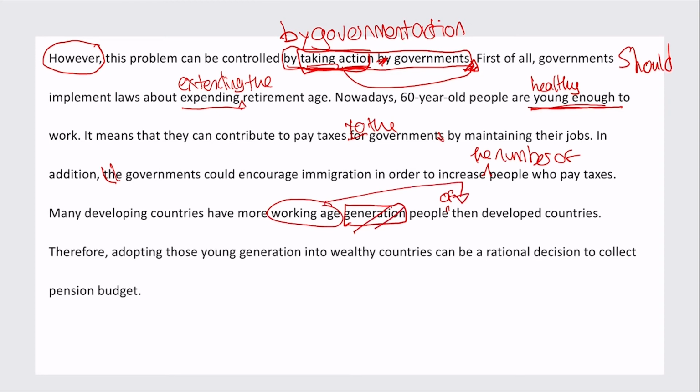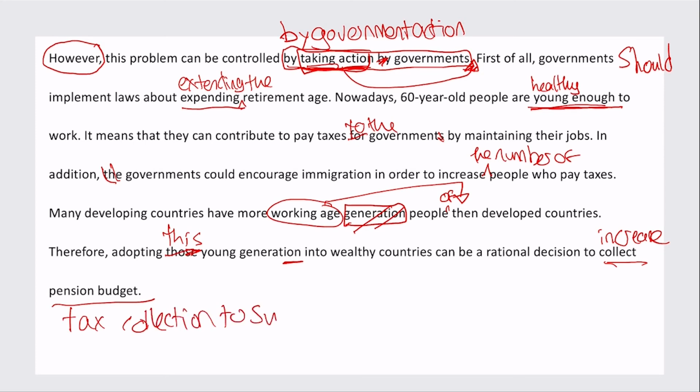Therefore, adopting this young generation into wealthy countries can be a rational decision to increase tax collection to support the pension budget."